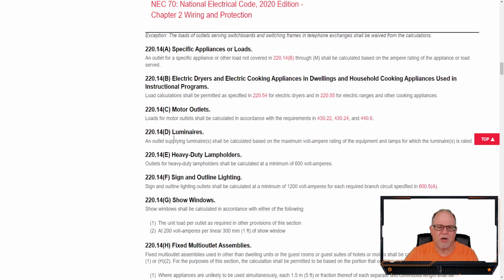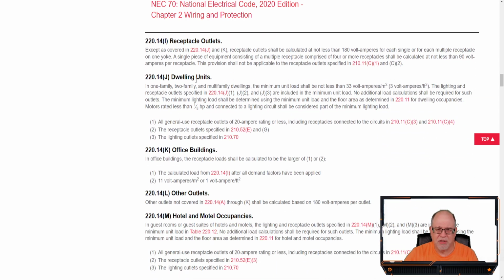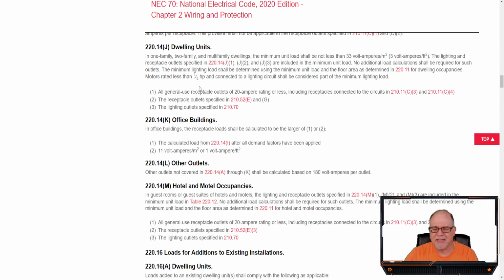All right, so we're going to go down to 220.14(J). That is for dwelling units. I'm going to give you probably more information than you need since the question was only asking about the lighting loads. So 220.14(J) for dwelling units says, in one-family, two-family, and multifamily dwellings, the minimum unit load shall be not less than, and we're going to use 3 VA per square foot.